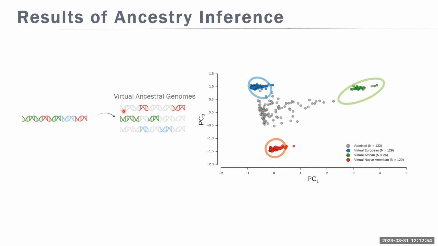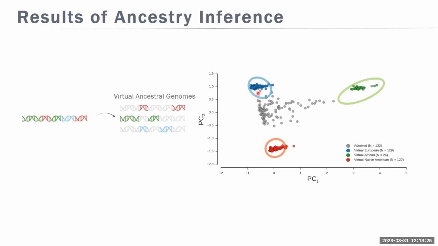And if we then do not quite standard PCA, but PCA accounting for the fact that we've got a lot of missing data in there, we see the picture that we would like: the virtual partial ancestral genomes co-cluster with reference genomes of the populations, where the broad ranges of the ancestral populations are indicated by these outlines.